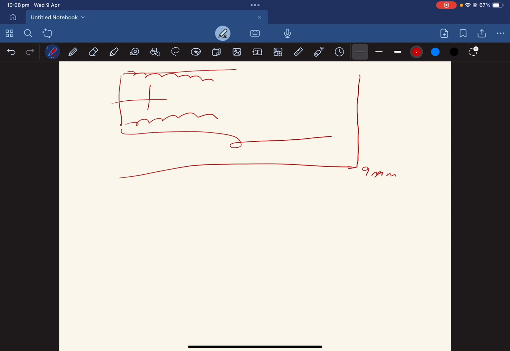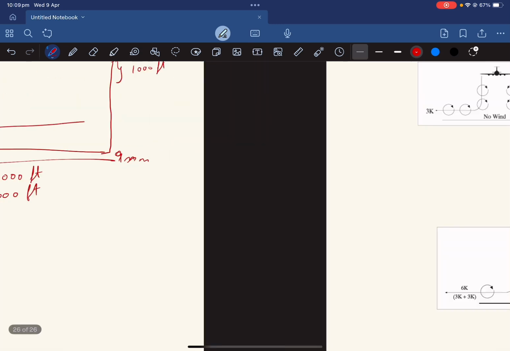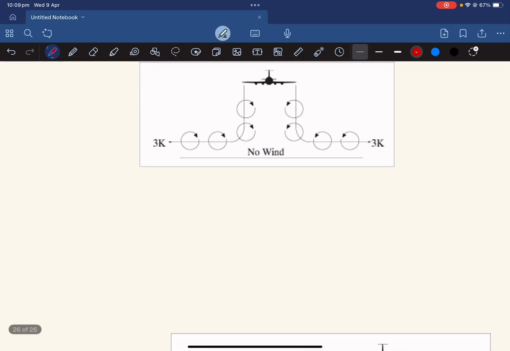Let's say this is the flight altitude of an aircraft. It can go as far as 9 nautical miles, and it can sink approximately 1000 feet. So if you are at 35,000 feet, just as an example, it can go as low as 34,000 feet and also 9 nautical miles behind your flight path. Make sense? So the other thing I want to teach you is the vortex movement near the ground.